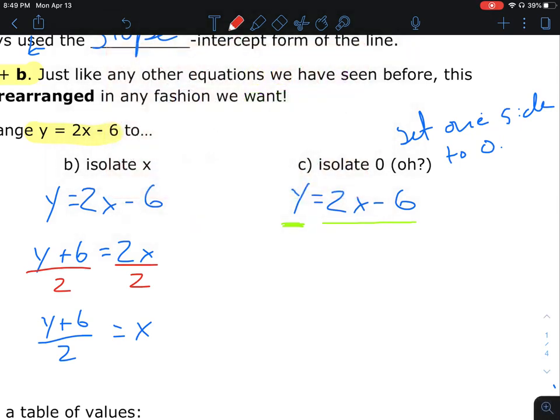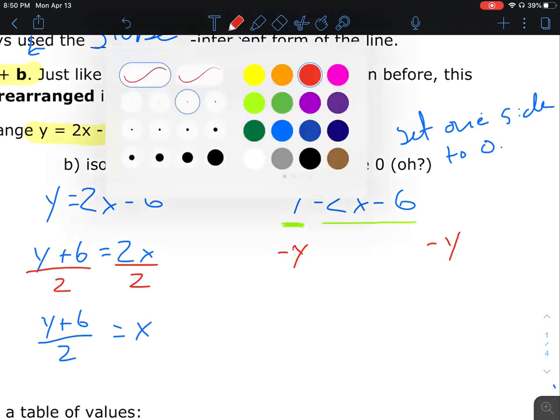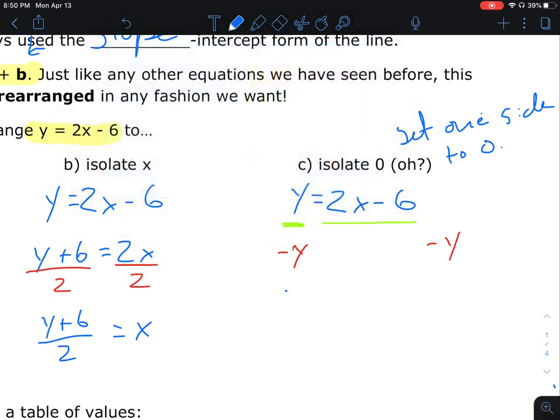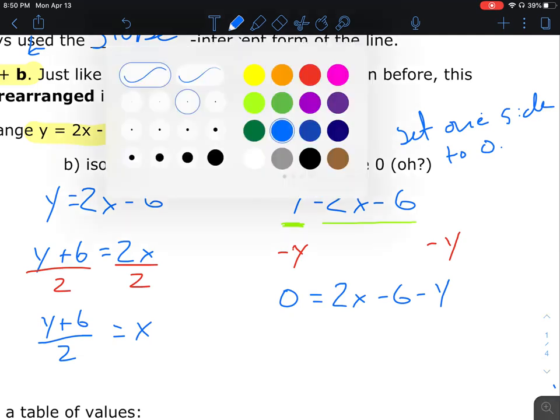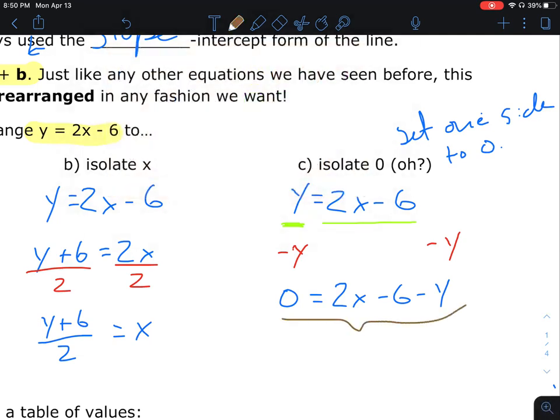Well, I'm going to take the left side here and just set that to 0. How do I make the left side 0? Well, I just subtract a y from it. Now, what I do to one side, I have to do to the other, so I have to subtract a y from the right side as well. So if I rearrange this equation now, or rewrite it, 0 equals 2x minus 6 minus y. And we're going to understand that this is what's called standard form.